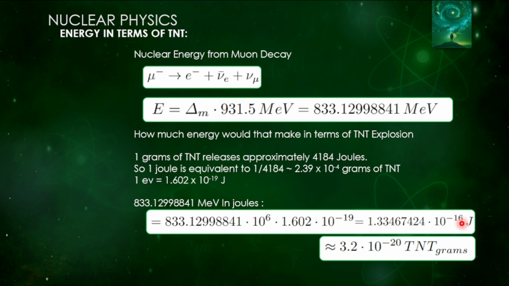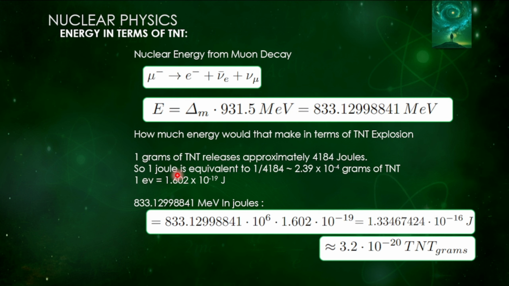So as a result, to compare to the grams of TNT, you divide that value by 2.39 times 10 to the power minus 4, all right? Actually, you multiply it by 2.39 times 10 to the power minus 4 grams of TNT.